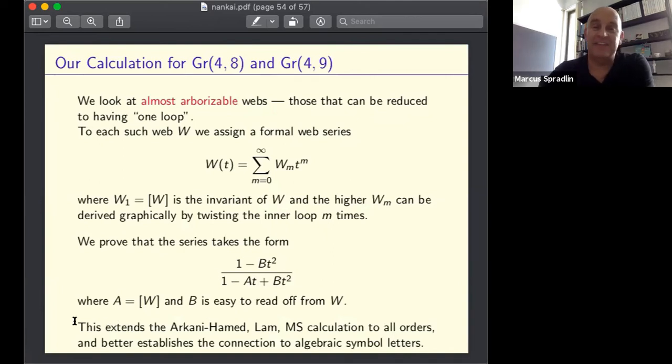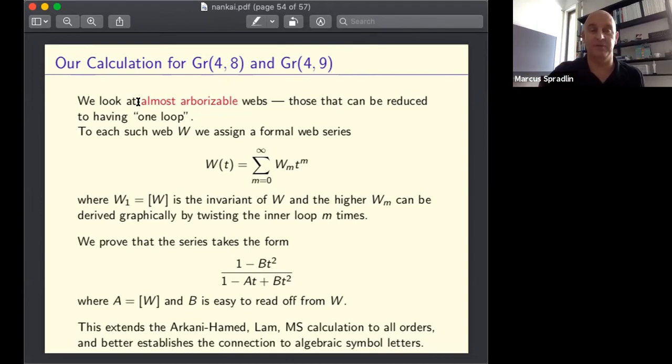And so this extends the construction we had with Arkani-Hamed et al., and better establishes the connection to algebraic symbol letters. So we were able to do this for G(4,8) and G(4,9), at least for almost all. We weren't quite able to do all of G(4,9) because there were some facets associated to webs that are not almost arborizable.